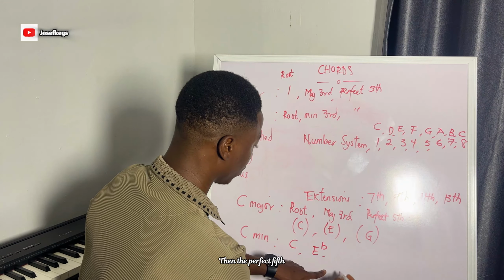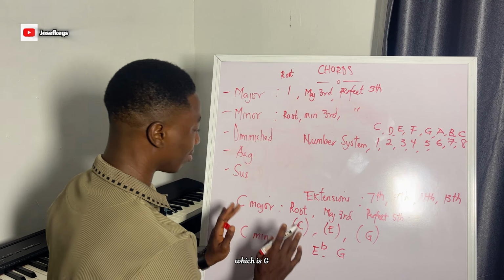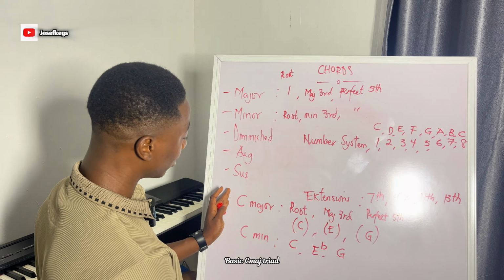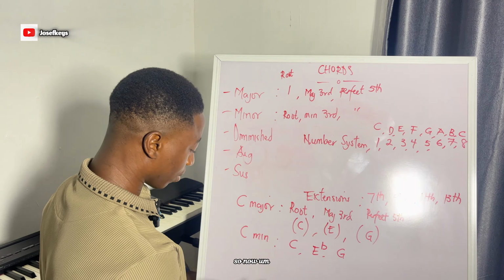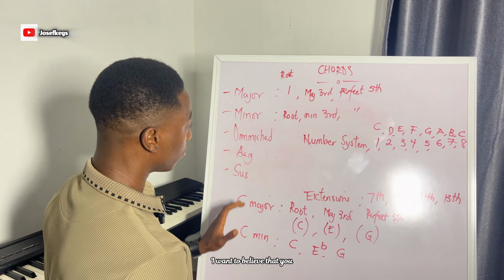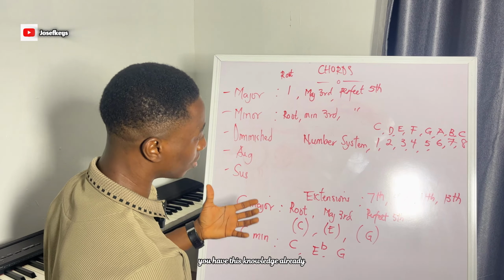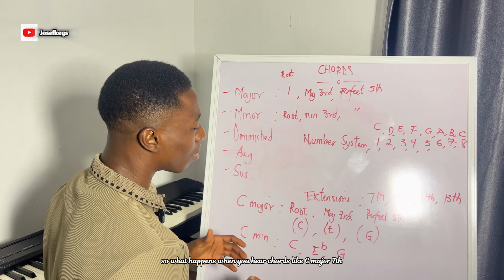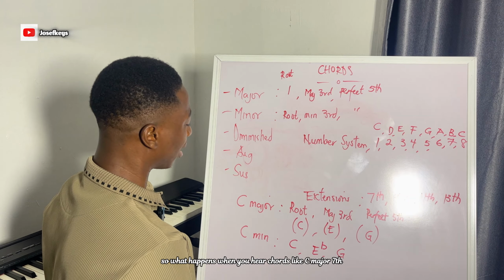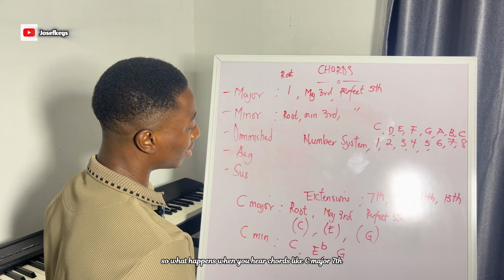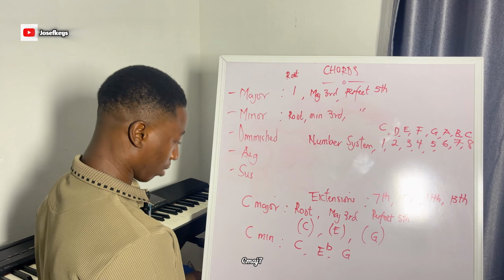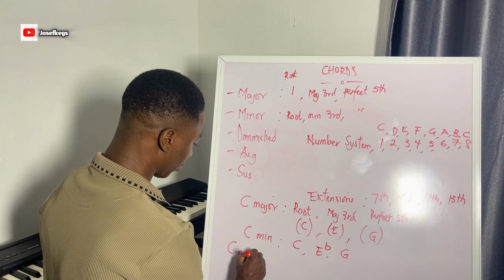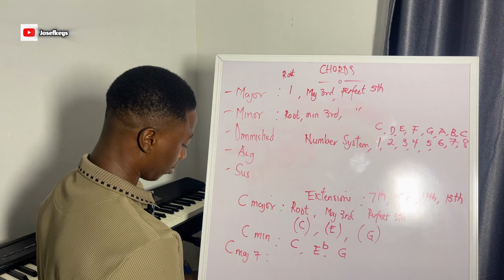Then the perfect fifth, which is G. Basic C major triad, basic C minor triad. So now, I want to believe that you have this knowledge already. So what happens when you hear chords like C major 7?